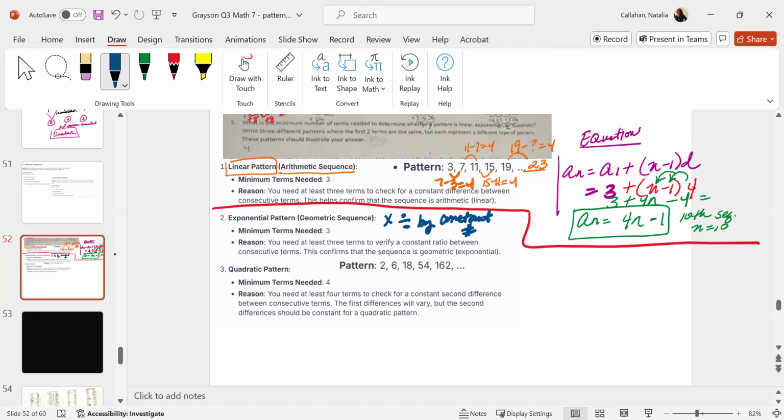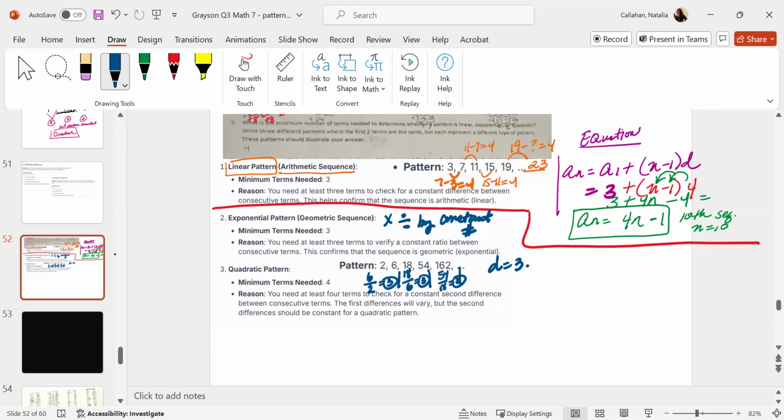So the way we check is, you go from 2 to 6, so 6 divided by 2 is 3, right? 18 divided by 6 is also 3, right? 54 divided by 18 is also 3, right? So we know that the constant here is 3.